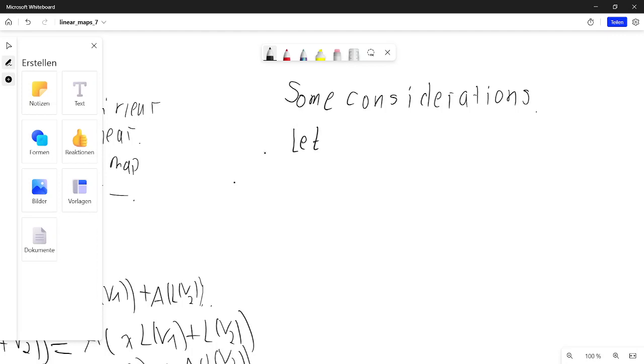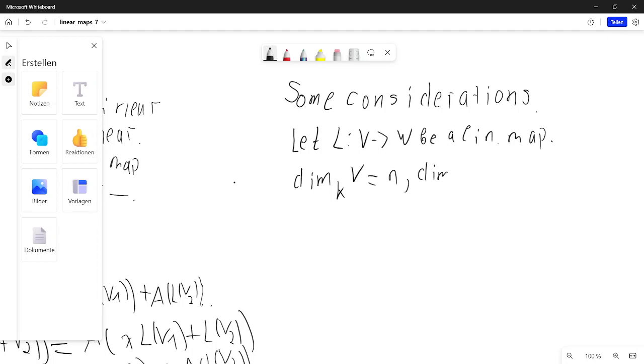Let L from V to W be a linear map, where V is a K vector space of dimension dim V equal to n, that's a shortcut to write dimension, and W is a vector space over the field K with dimension equal to m.